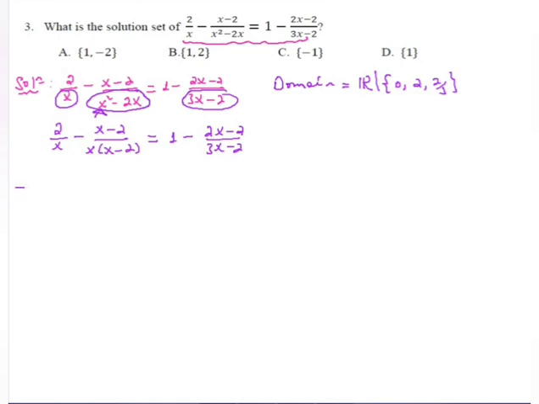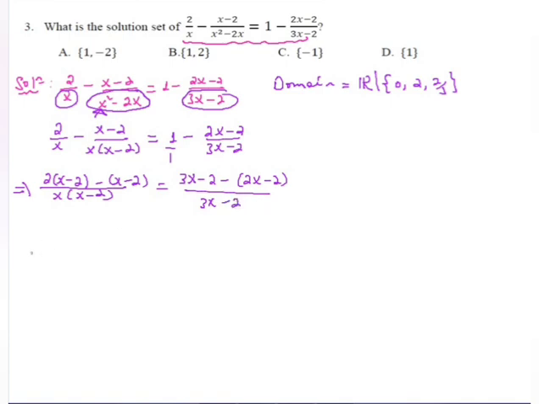So taking the LCM, we get x into x minus 2 in the denominator, then 2 into x minus 2, minus x, is equal to, here you can use crisscross or whatever you call it, LCM. So it becomes (3x minus 2) minus (2x minus 2) over 3x minus 2.